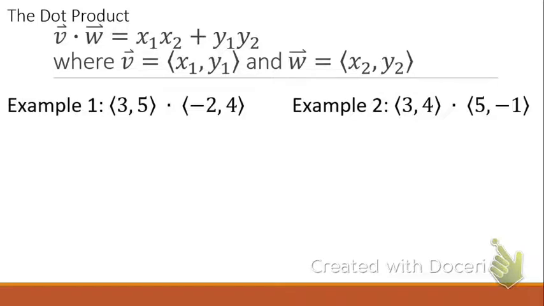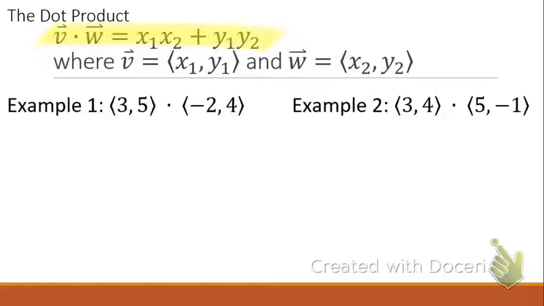It's a pretty simple formula. This is your formula for the dot product. Multiplying two vectors together. So that's not the same as multiplying by a scalar. We're actually taking two vectors and multiplying them together to find the dot product.